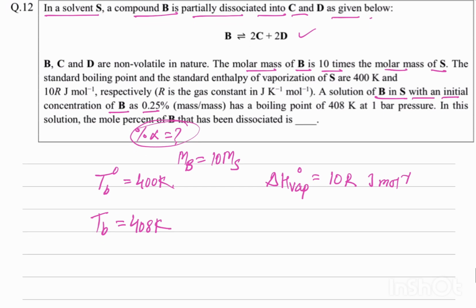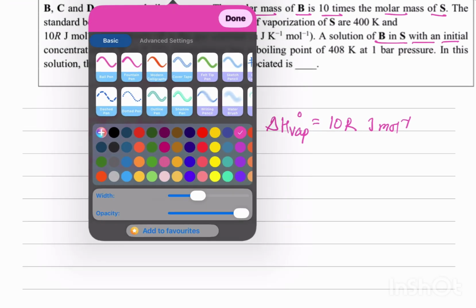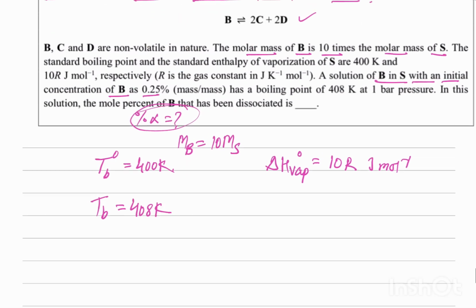So how to do this question, let us start. First, if you see, what has been given is the concentration of B in terms of mass by mass. So by using the mass by mass, we can calculate the molality.